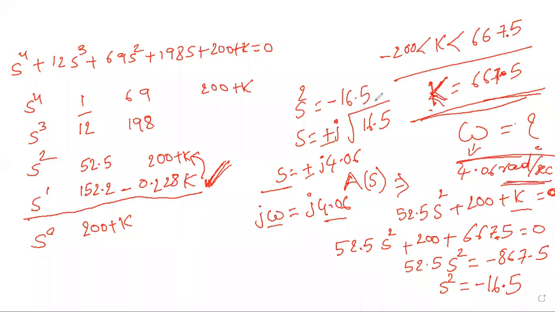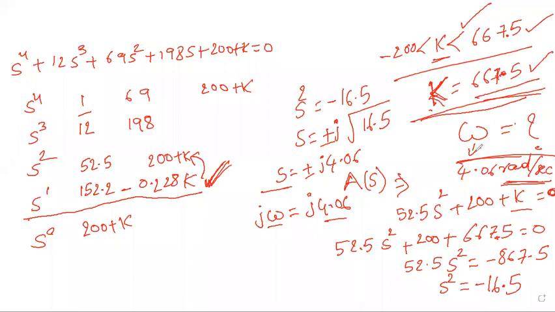So this is the question. First objective, discuss the stability of the system as a function of k, nothing but find the range of k for which values of k the system becomes stable. Second, for what value of k the system provides sustained oscillations, 667.5.